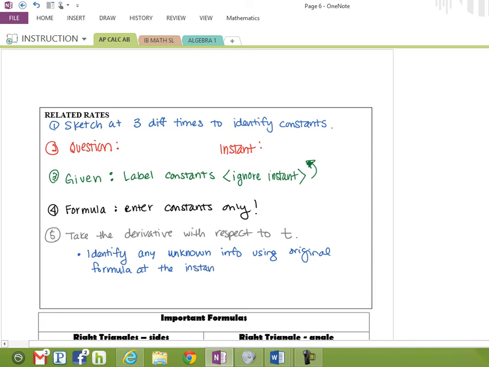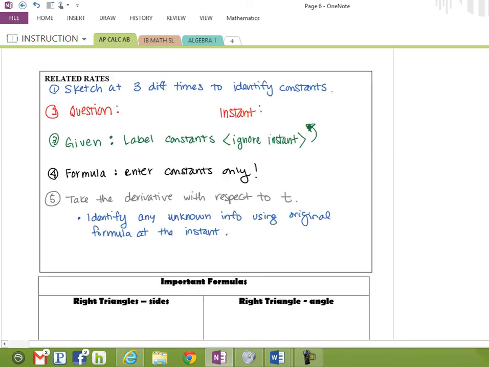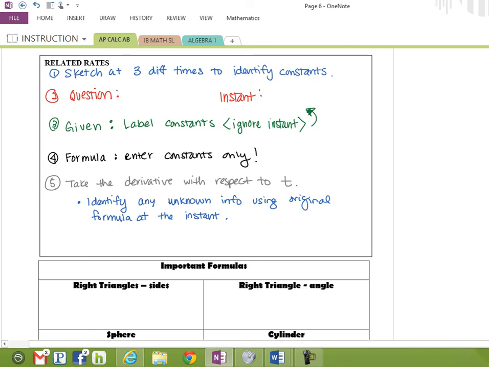And how do we do that? We do that by taking the derivative and we actually do an instant sketch. And this is where we would use that given information from step 2. That instant from step 2 would be used in our picture here.